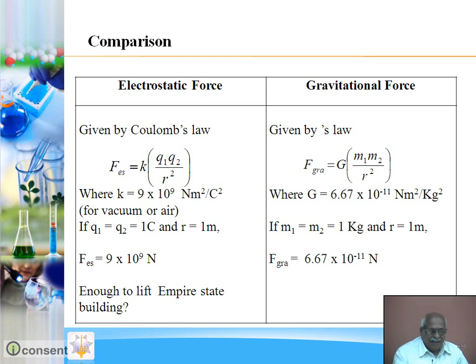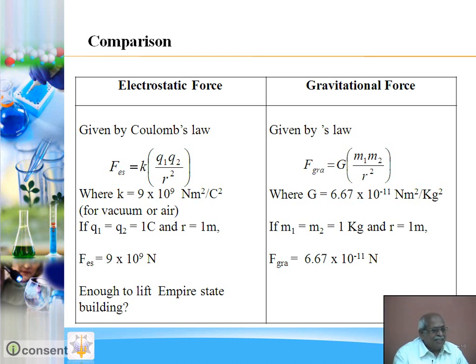Many times, this equation for force between electrical charges is compared with gravitational force between two bodies, between two masses. I hope you know that the gravitational force of attraction between any two bodies is given by Newton's law of gravitation. The equation for Newton's law is F, that is gravitational force.